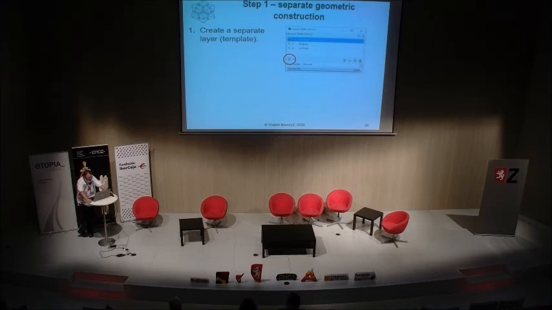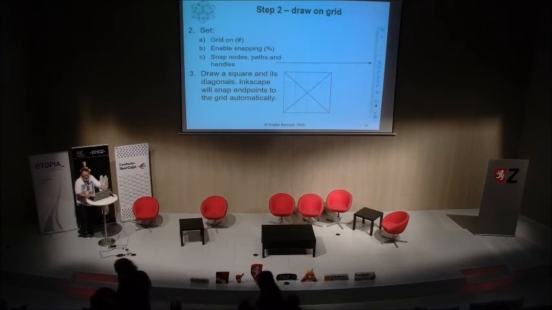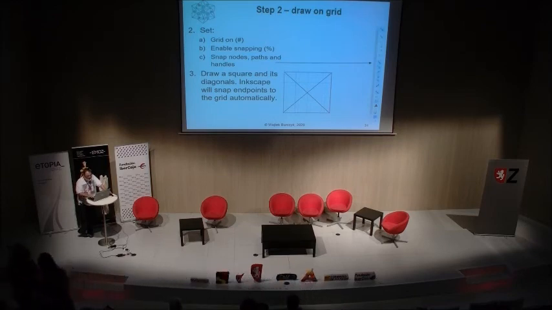So first we create a new template, then we set the grid on, draw a square and its diagonals, and with the grid set on and snapping nodes and paths to the grid, Inkscape will snap our points for us automatically.